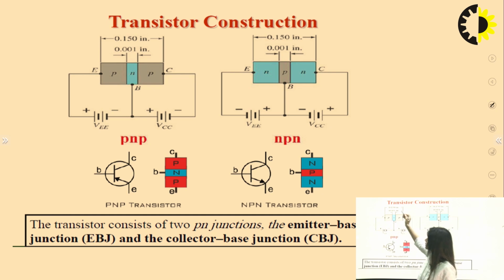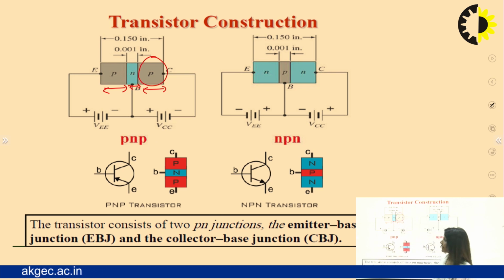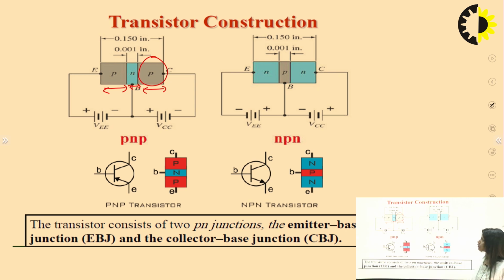As we can see in this diagram, the base is very thin. The width of the base is quite thin, and the width of the emitter and the collector are approximately comparable, but the width of this particular collector would be slightly greater than the emitter width, right? So this is how the transistors are fabricated.